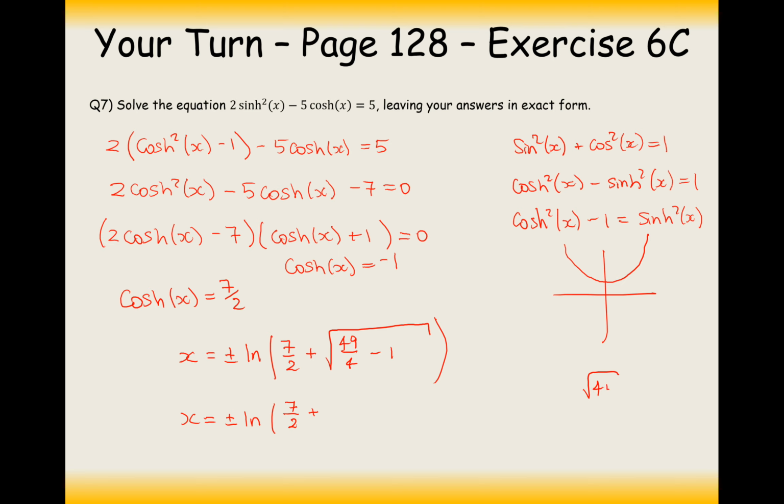Could we simplify 45? Yes, 9 times 5, so that would be 3 root 5. So this simplifies into 3 root 5 over 2. And there we are, that's the answer. That's the two answers for this equation. It's a plus or minus at the front of the ln there, because the cosh graph is symmetric. Any positive answers will also be the same on the negative side as well.